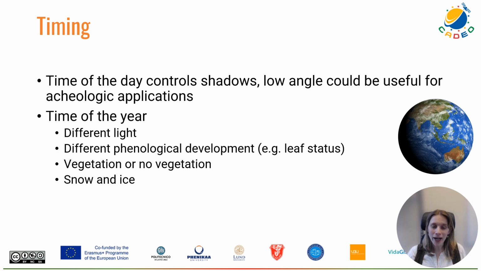You might have snow and ice. This is maybe more specific to my context in Sweden. We have a lot of influence from snow and ice sometimes in certain parts of our country, but that's not necessarily the case for many other countries in the world.